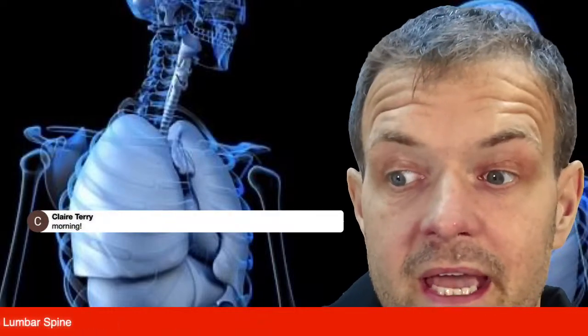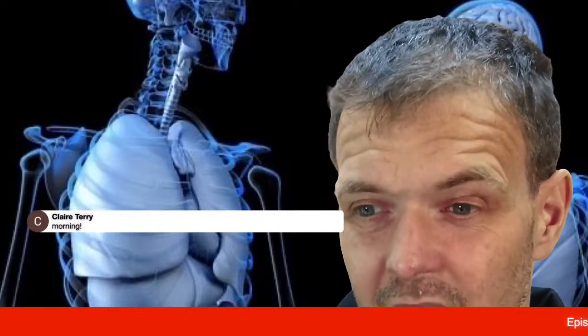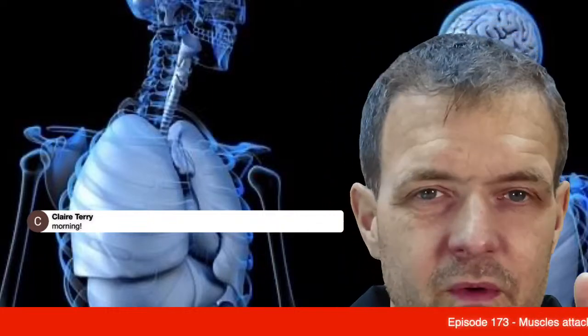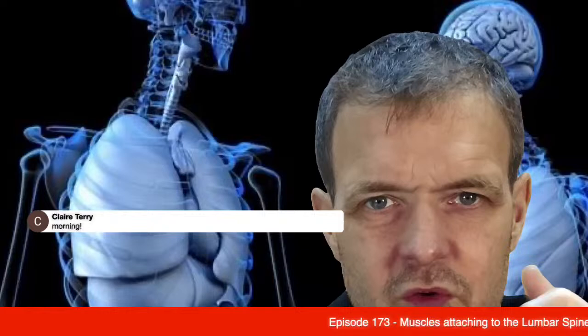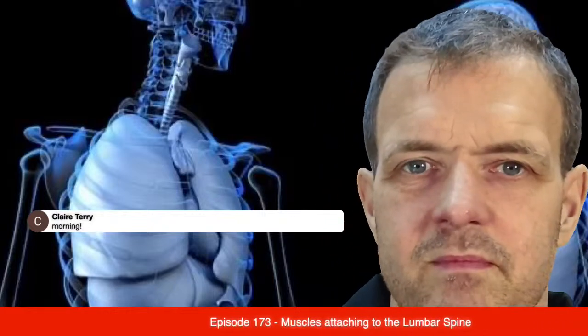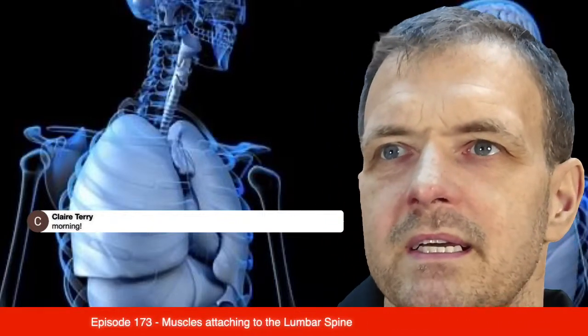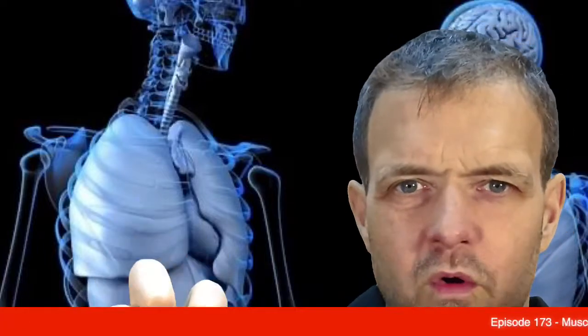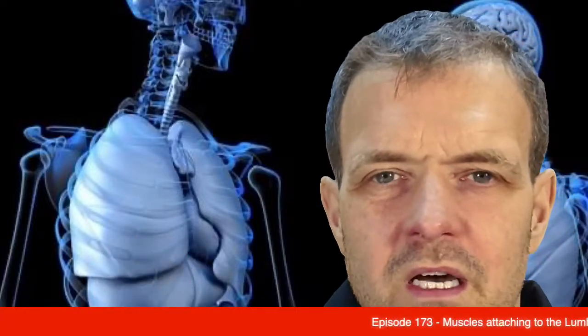And yeah, so over the next couple of weeks we should do the whole kind of cylinder that is the muscles around the lumbar spine, or muscles attached to the lumbar spine. That was something we used to discuss quite a bit about core muscles and what core muscles are.